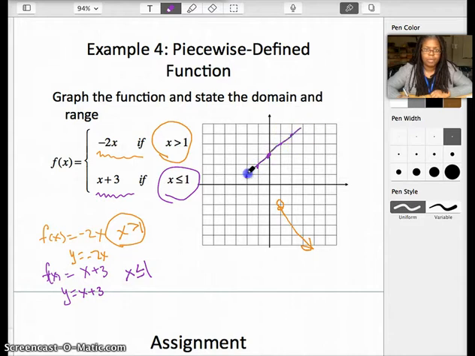But as you know, with the last one, I'm ignoring this restriction. It said this is true only for when x is less than or equal to 1. So equal to 1 is cool. I'm going to put a solid dot there. Less than 1 is also cool. So this graph exists all back here, but it does not exist up here.